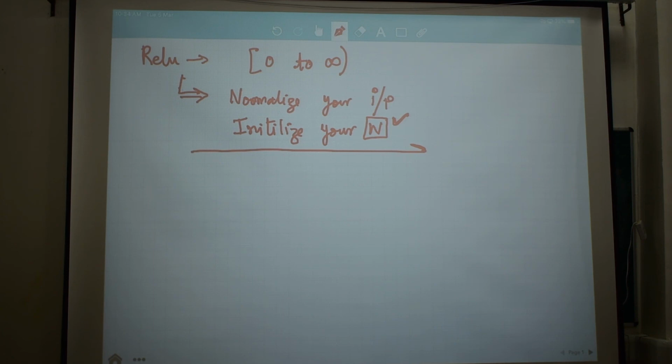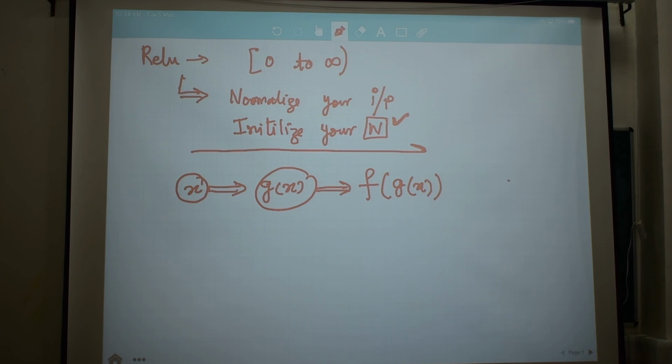The second thing is that gradients are most of the time multiplicative. You all understand why gradients are multiplicative. Suppose I have x, and from this x I get g(x), then from this g(x) I get f(g(x)).